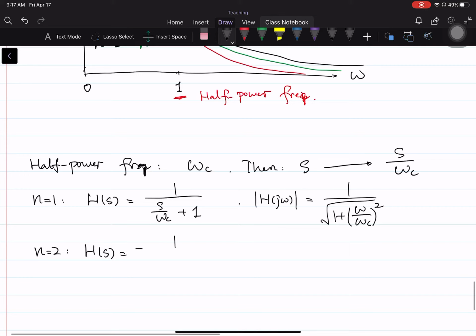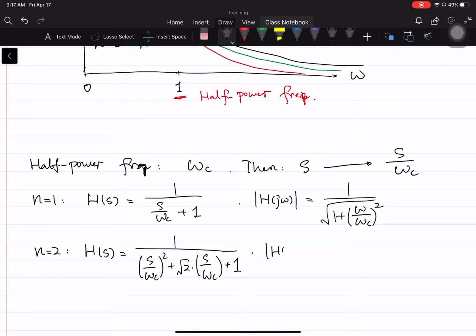The transfer function will be 1 over S over omega c squared plus square root of 2 S over omega c plus 1. And the frequency response function as a result, it's just a simple substitution. Right, this substitution from S to S over omega c is sometimes called frequency scaling.